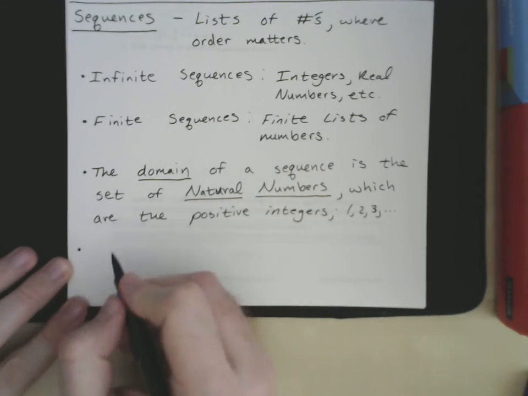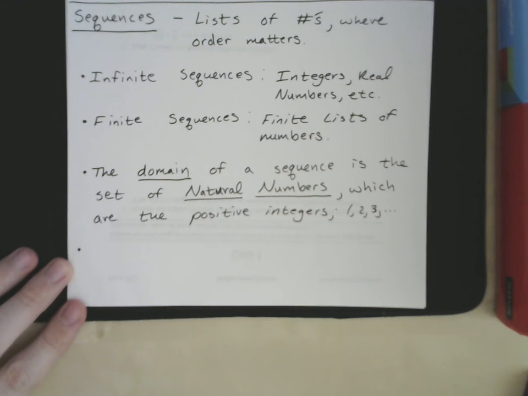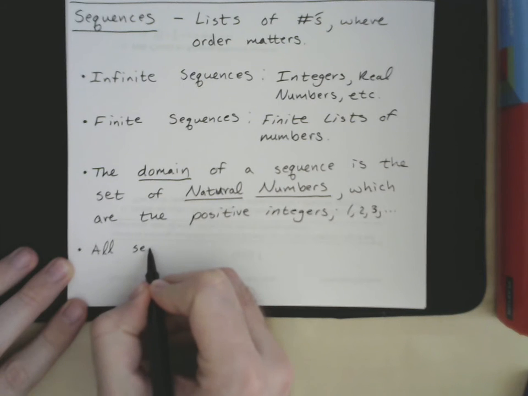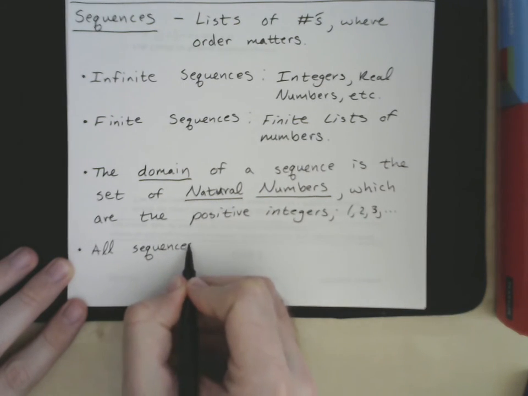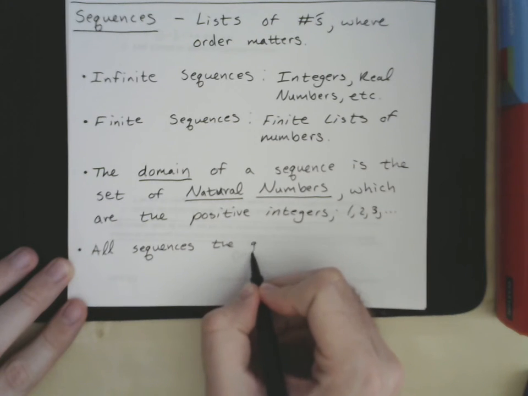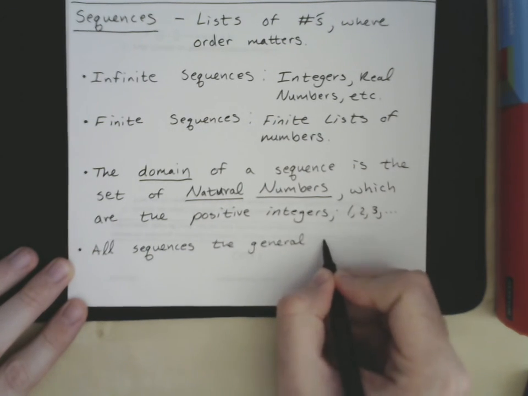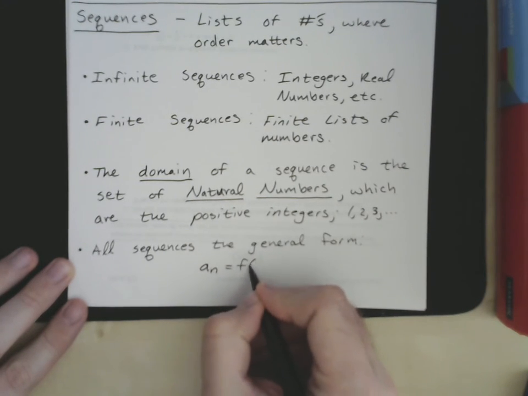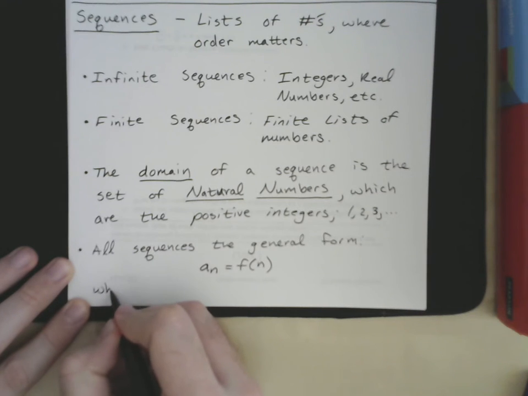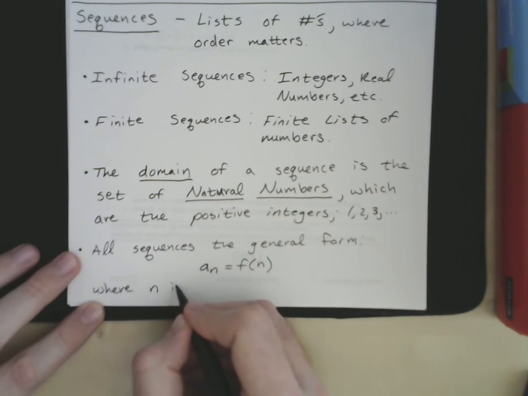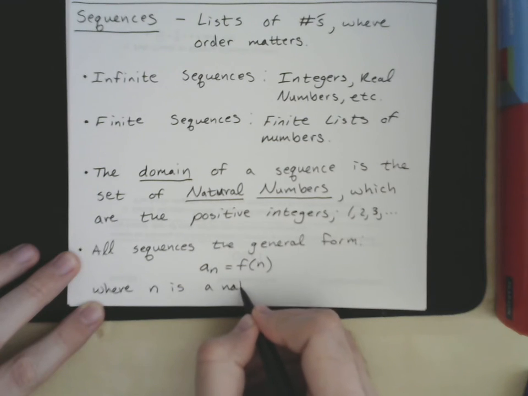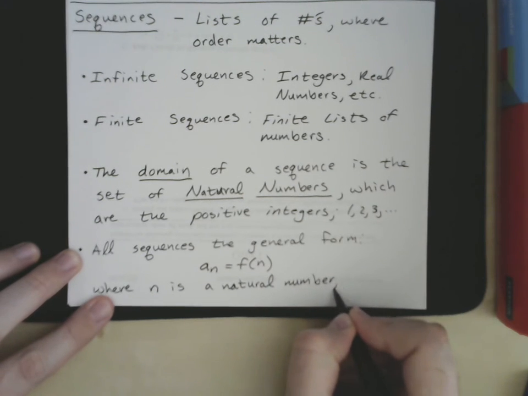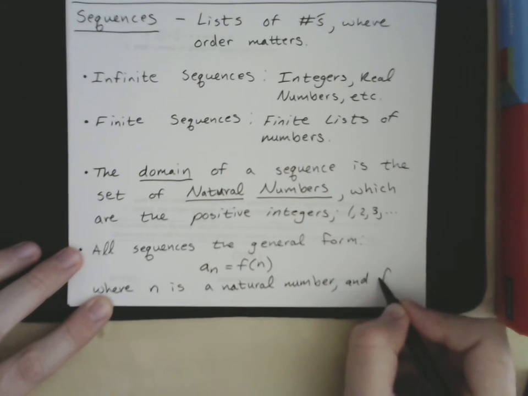And finally, all sequences, whether it's infinite or finite, all sequences have the form a sub n equals f of n, where n is a natural number and f is a function.